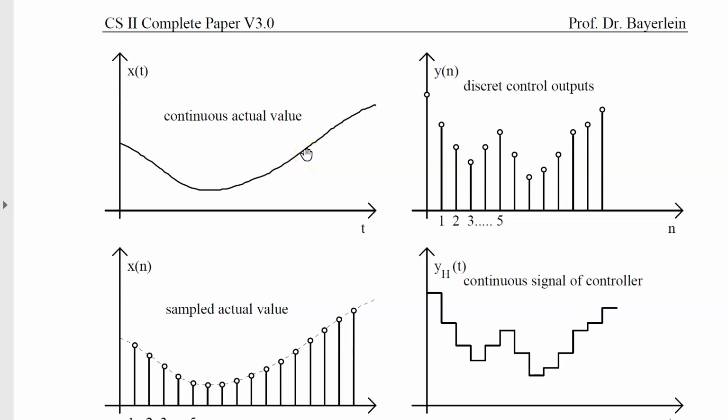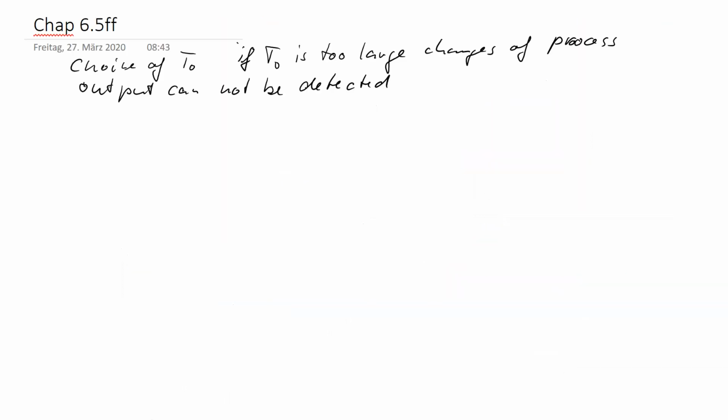The idea I can use is the following. Let's look at fast changes of output. How fast could an output of a process change?